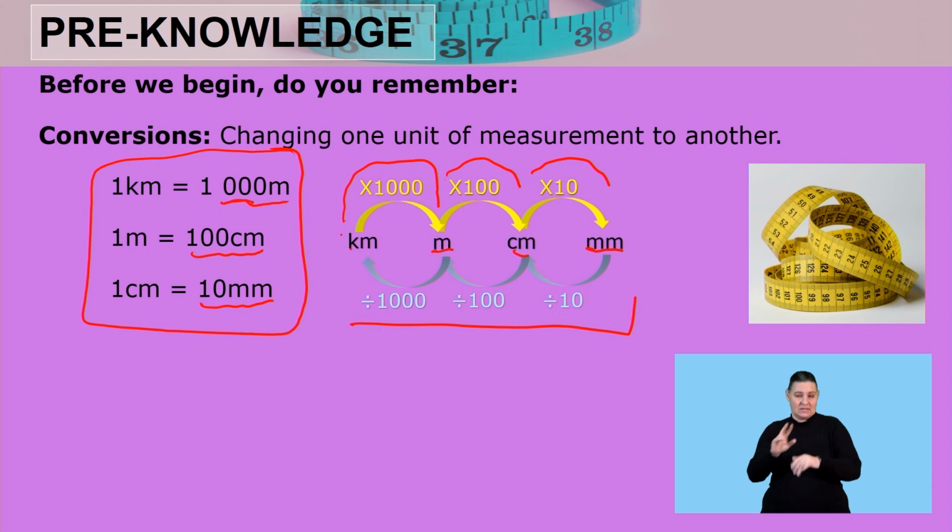You see that? And the same thing if you go under that. So we're converting from the smaller unit to the bigger unit. So if I convert from millimeters to centimeters, I must divide by 10. Centimeters to meters, I must divide by 100. Or lastly, if we're going from meters to kilometers, then we divide by 1,000. Whichever method you prefer.